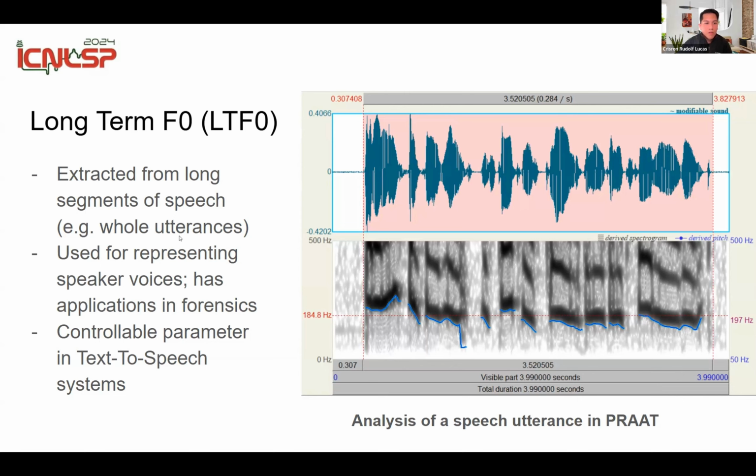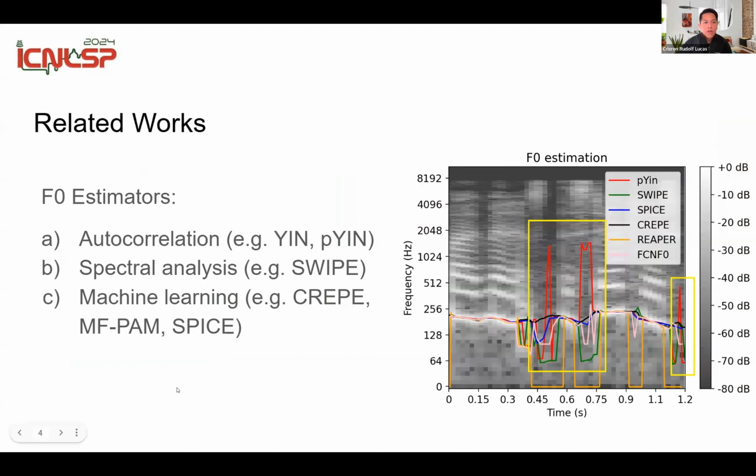So we use the term long-term F0 for that, and it has some applications, especially in forensics or representing different speakers, especially when you use text-to-speech, which is controllable as well. So you can also designate your F0 parameter for your speaker voice in synthetic speech.